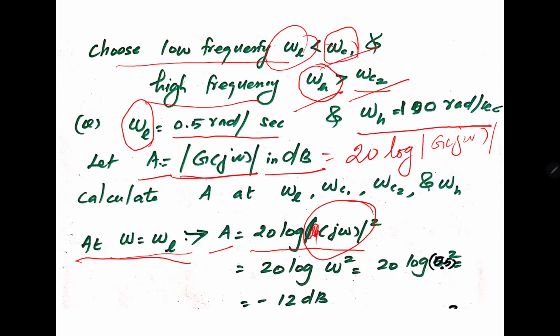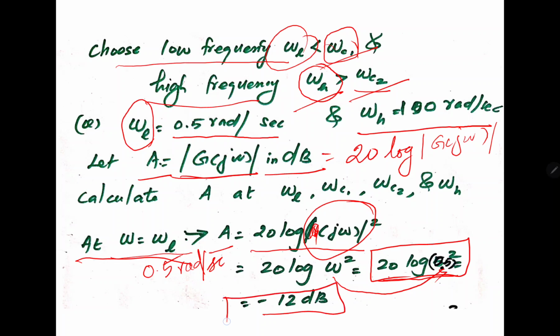So 20 log omega squared equals 20 log of 0.5 squared, substituting omega L equal to 0.5 radians per second, which is equal to minus 12 dB. So we have determined the gain at the low frequency, 0.5 radians per second.